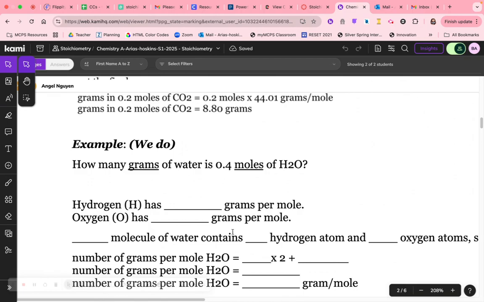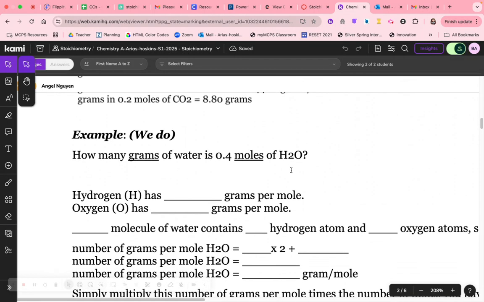How are you going to do the next one? It says how many grams of water is 0.4 moles of water, H2O. So how many atoms do you have for hydrogen? For hydrogen, you have 2, and for oxygen, only 1 because there's no number after O, okay?